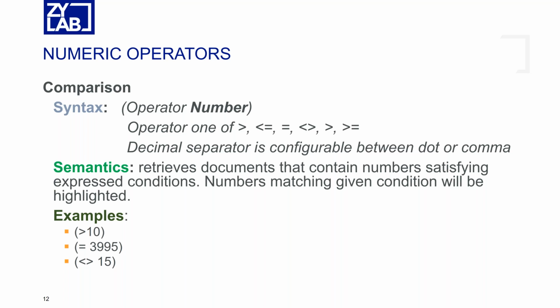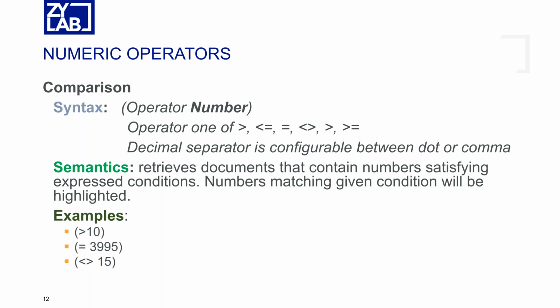Numeric operators, if you want to search for numbers, let's say all numbers larger than 1,000,000, you can use the larger than sign and then write down 1,000,000 in numbers, and then we'll find that. You can also find exact numbers, or say I don't want to find all, I want to find all documents that don't have a certain number.